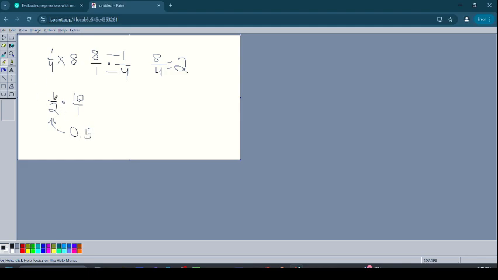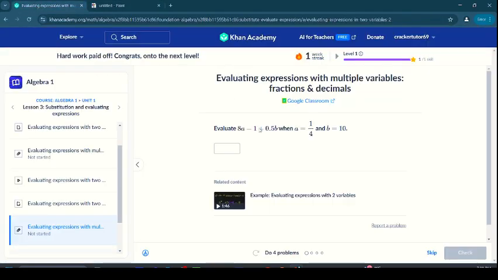Because this is just in fraction form. So we would multiply the tops, and we would get 10 over 2, which would simplify to 5. So that would mean that we'd have 1 from this part of the operation, and then 5 from this part of the operation. So this would be 6.